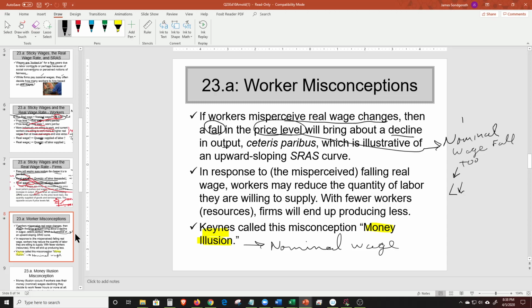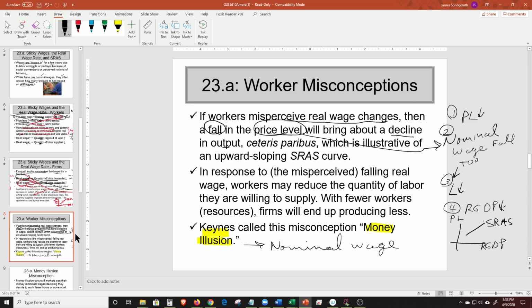This is price level. Price level down. 1, 2, nominal wages fall, right? 3, workers work less. 4, real GDP falls. And you get this direct relation between price level and real GDP. And I guess we can call this the short-run aggregate supply curve, okay?